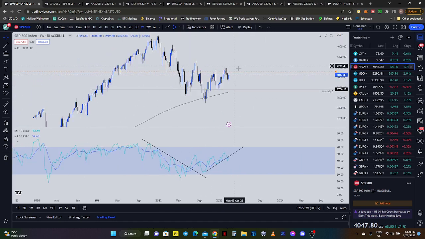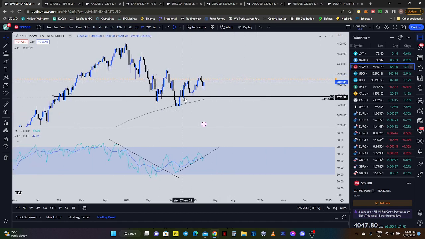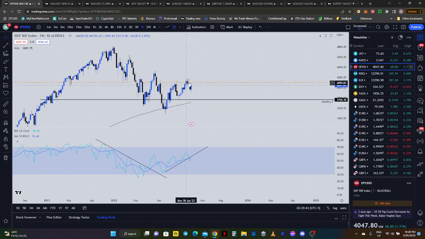Now, to break this trend, to break the downtrend, what you need is a high followed by a higher low, which we have, right, off support, and then followed by a higher high.